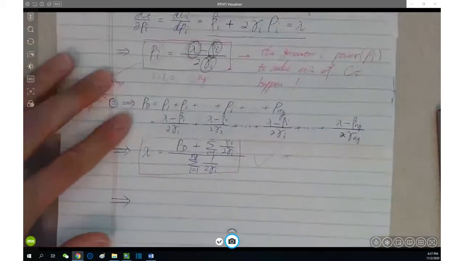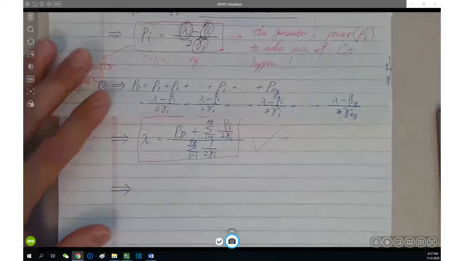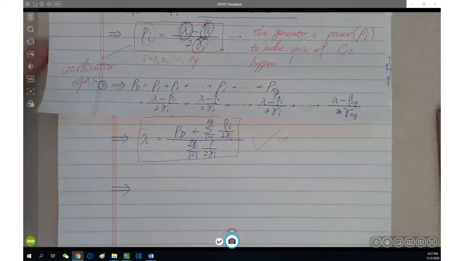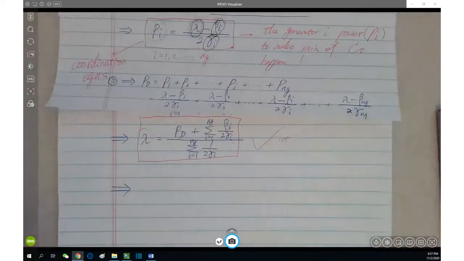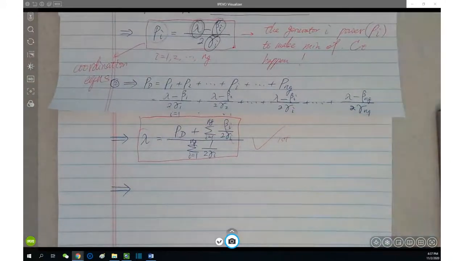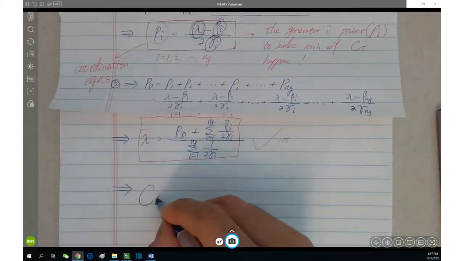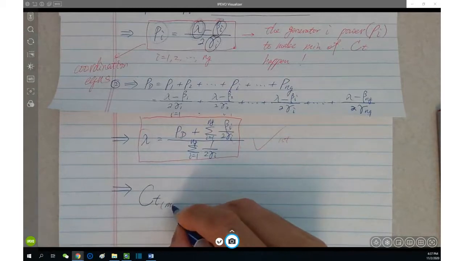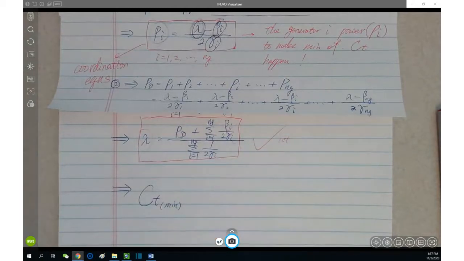Now is the time for what? For what Ryan mentioned. Ryan mentioned plug that into the objective function, because never forget, we are looking for the minimum cost. So pi and lambda are not cost yet. Our minimum, or say optimal cost, is here.